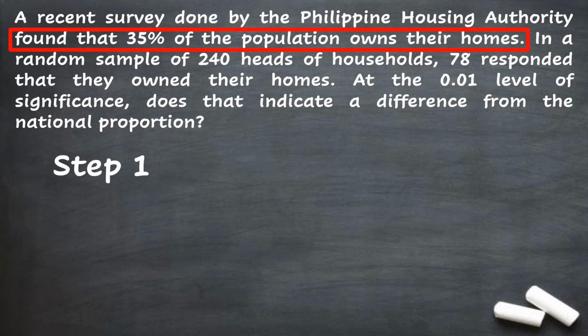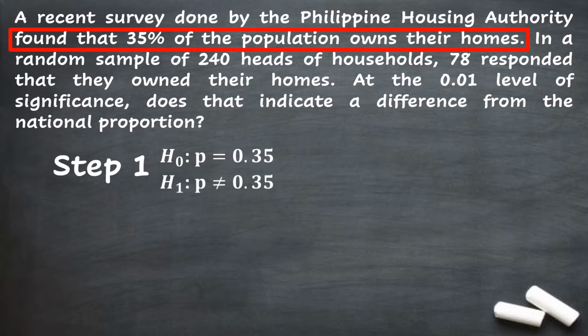We have the first statement as the factual statement, so that can be our basis in constructing the null and alternative hypotheses. The null hypothesis is population proportion is equal to 0.35, since 35% is the numerical value in the factual statement.